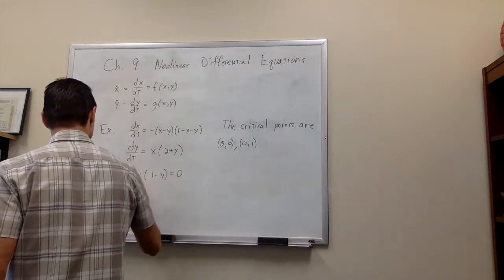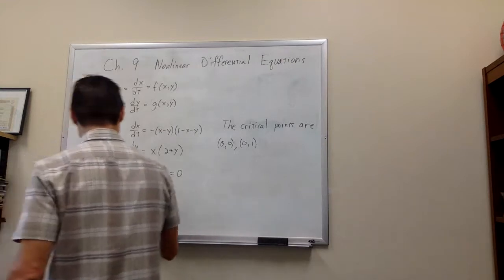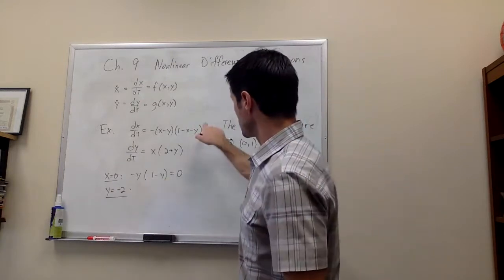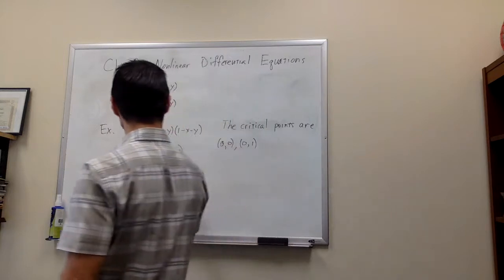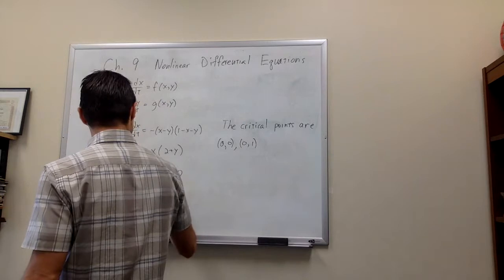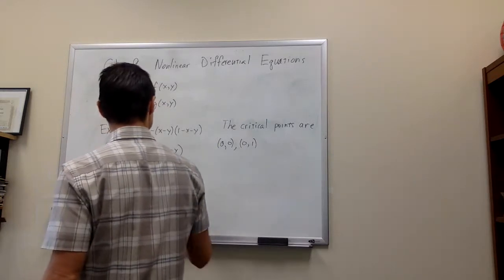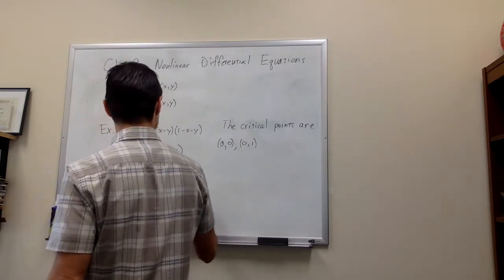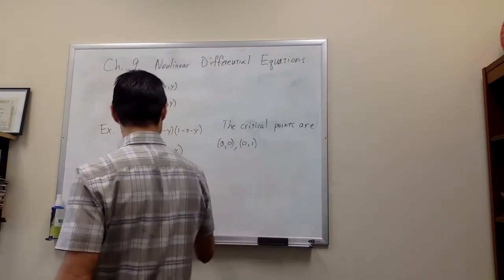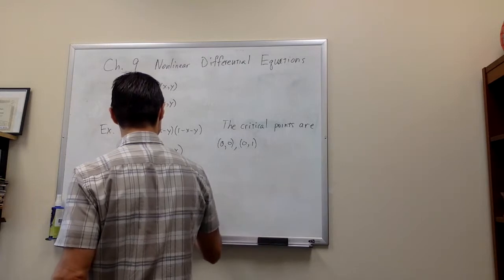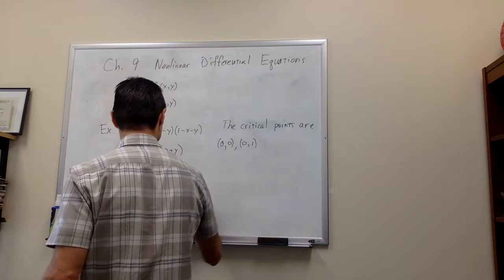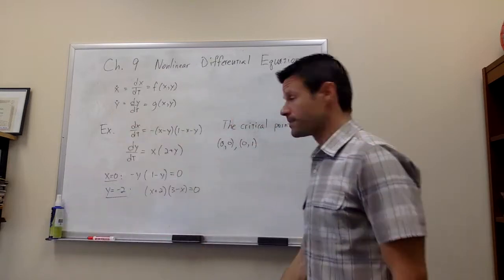Now if I look at that second equation, if I consider when y is -2, I can plug y equals -2 into the first equation, and that leads to x plus 2 times 3 minus x, which gets set equal to 0.